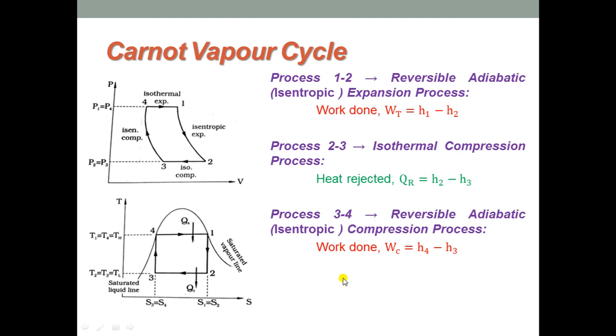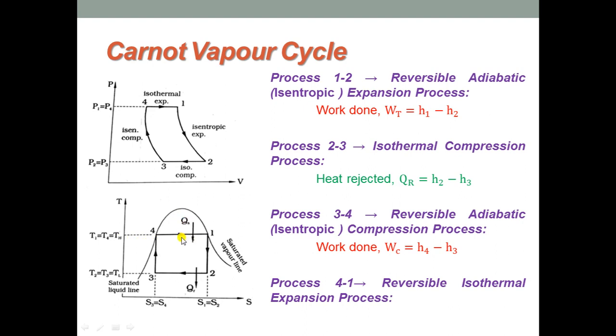The last process is the reversible isothermal expansion process carried out from point 4 to 1. During this process, heat is added to the saturated water in the boiler at constant pressure. At constant pressure, you can observe P1 will be equal to P4, so both pressure and temperature are constant.